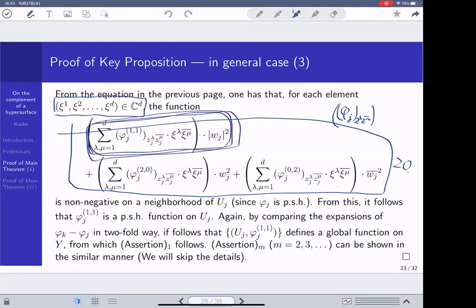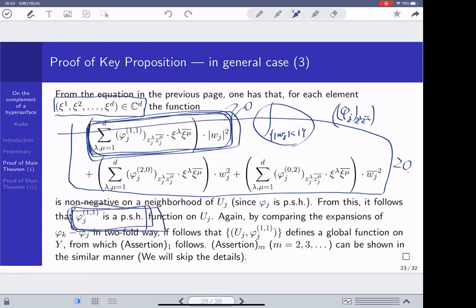By a very simple argument, for example, by considering the integration on this kind of set, we can easily show that this part is also semi-positive, which means that phi_j11 is pre-subharmonic.